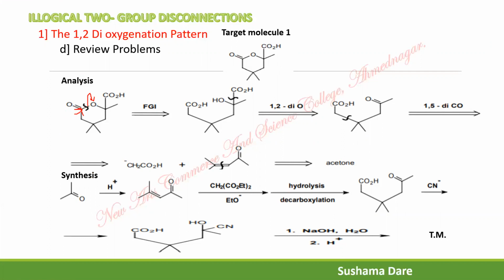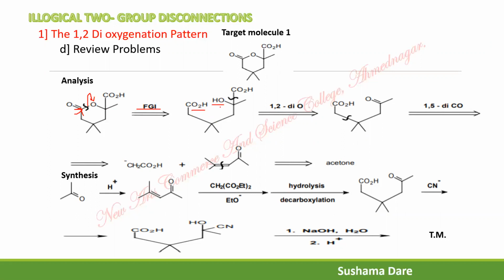The synthetic equivalent for this is, just write down the X. And after the X, you write down FGI, then it is COOH, with the negative charge on oxygen. So the FGI of that, or synthetic equivalent of this, is a hydroxy group.